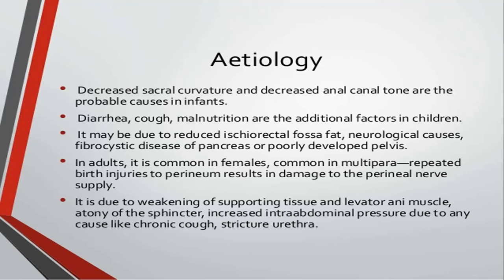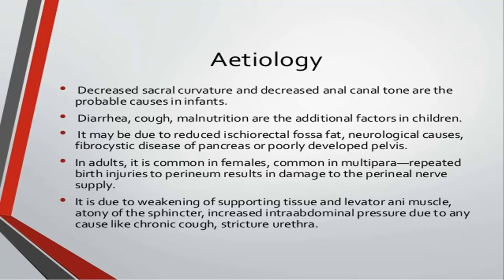Another etiology may be a reduced ischiorectal fossa fat. Again, it is related to malnutrition. If the patient is an infant suffering from malnutrition, it reduces the ischiorectal fossa fat. Also any neurological causes which can decrease the anal canal tone.